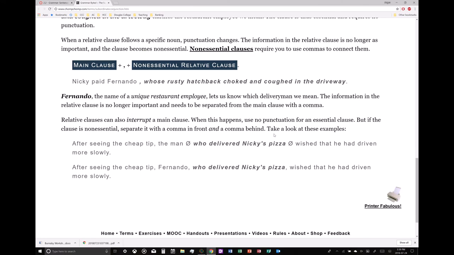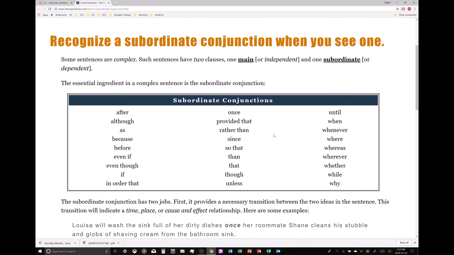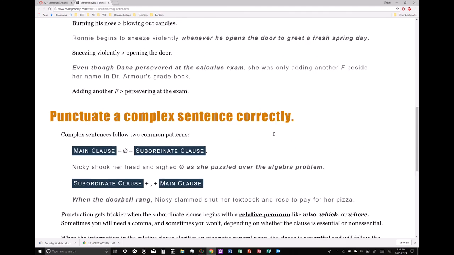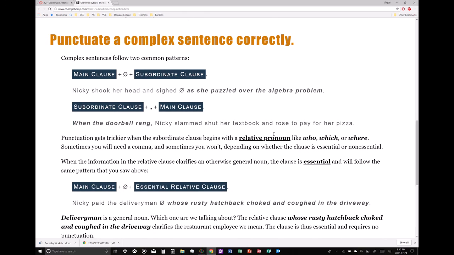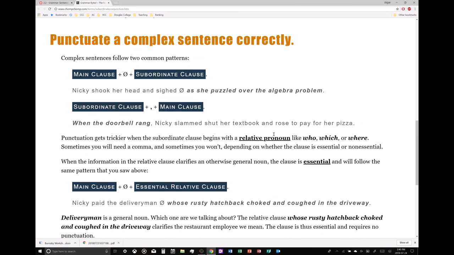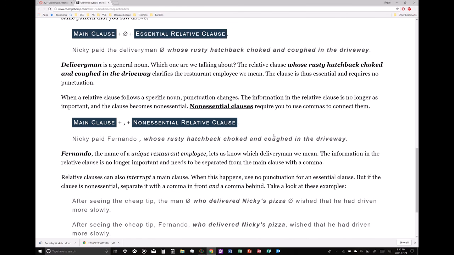Alright, again, the first part you should be familiar with because we're talking about complex sentence and subordinate conjunctions. And the next part, after main clause and subordinate clause and using commas in the right order, the essential relative clause and non-essential relative clause will be a bit harder because it's probably new to you.